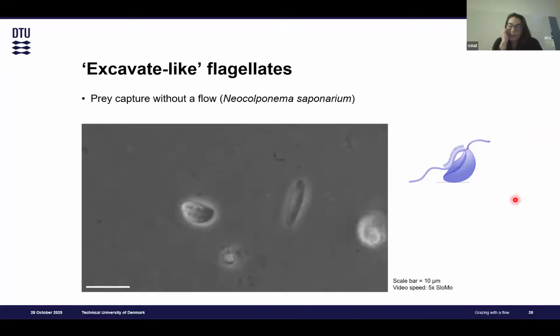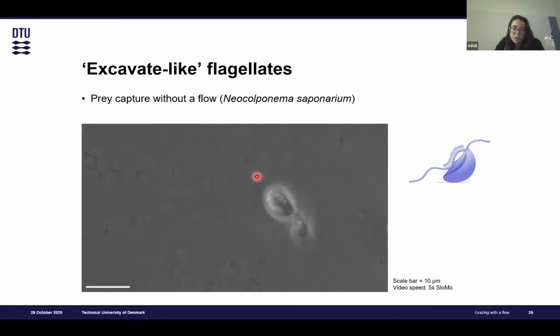So the thing is that these flagellates that I've mentioned that have the same feeding structures don't feed on bacteria or phytoplankton. They actually feed on other flagellates. So here you have a predator that is going to capture another flagellate. And as you can see, or I don't know if you've been able to perceive it, there's not actually a flow.